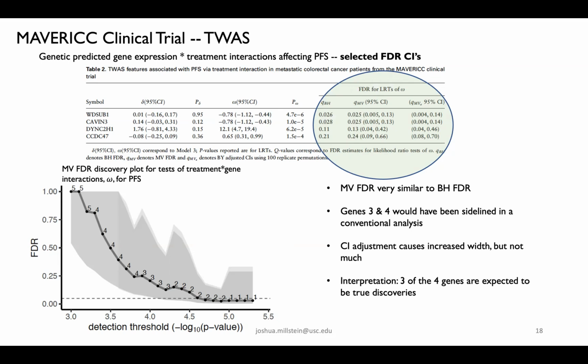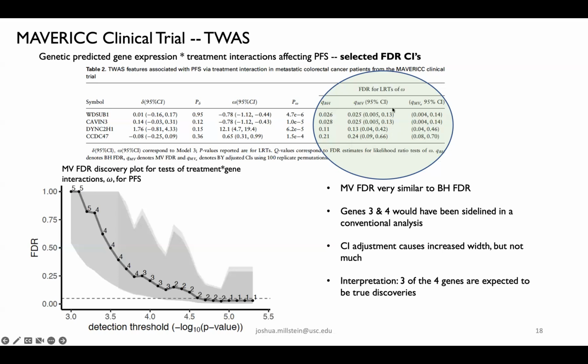And I think that indicates two things. One, that the parametric assumptions of the Cox models held well, and so the BH FDR is in agreement with the MV FDR, which is a permutation-based approach, and the permutation-based approach captured the true null distribution pretty well.